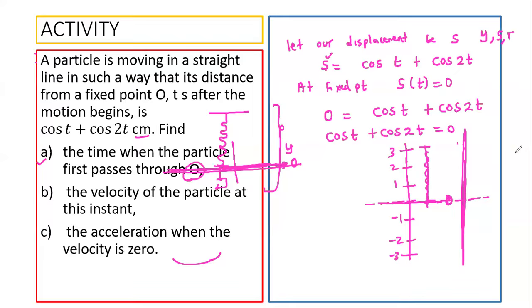Yes, teacher. So the moment the particle passes here, its displacement Y is going to be 0. So that's why we are equating to 0, because they're asking us at this point when it passes through. Okay. It's fine? Yes, teacher.